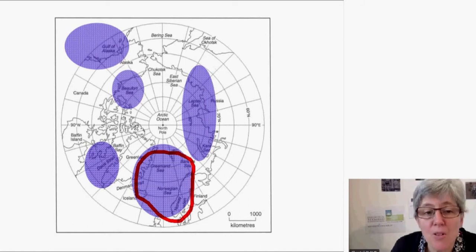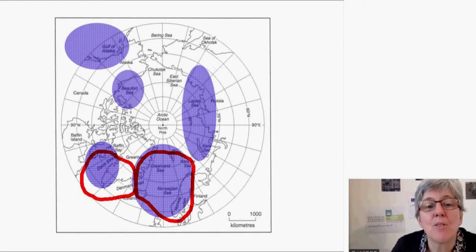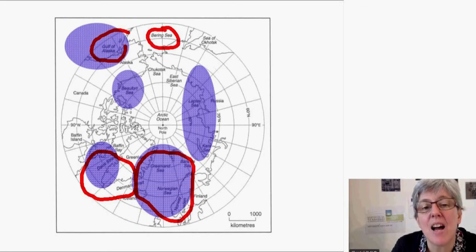But you can also have polar lows in the Davis Strait, the Labrador Sea, and even between Iceland and Greenland. And you also have polar lows forming over the Pacific Ocean, the Gulf of Alaska, and the Bering Sea also sees some polar lows. And now that sea ice is melting, we also see polar lows over the Sea of Okhotsk sometimes.